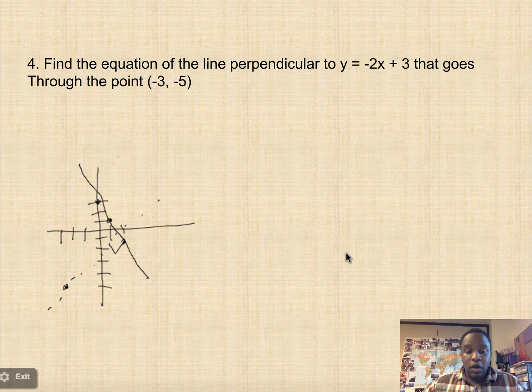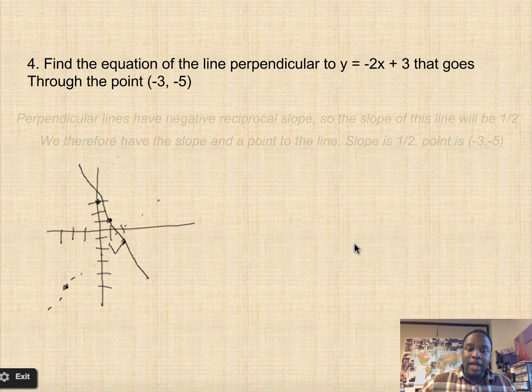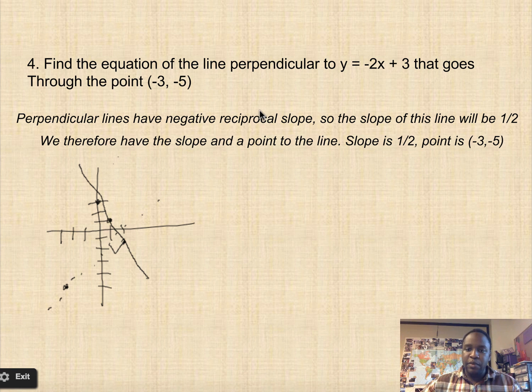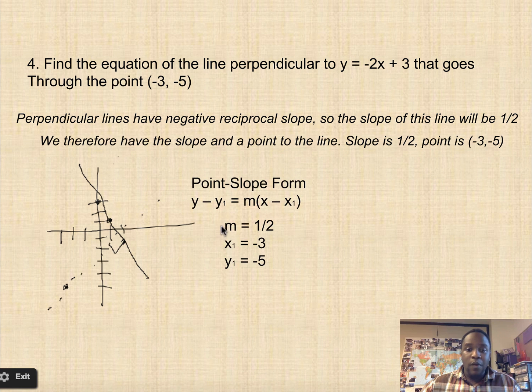All right, we know that perpendicular lines have negative reciprocal slopes. So since the slope of this line is negative 2, the slope of the line we're trying to find is positive 1/2. We therefore have the slope and a point of the line we're trying to find. The slope is 1/2, and the point is (-3, -5). So we have m, x1, and y1.